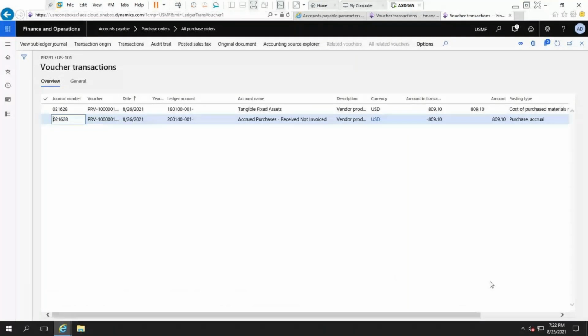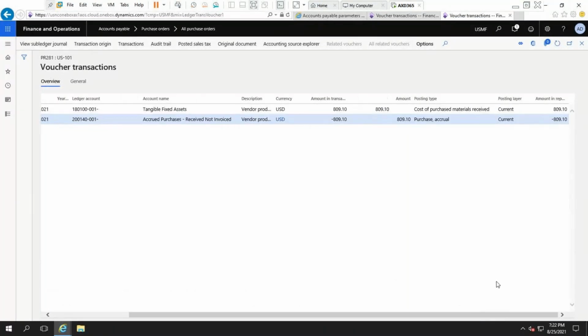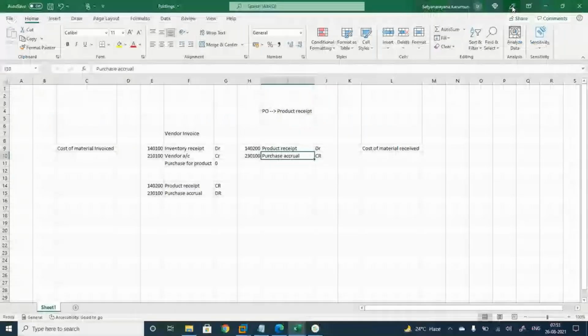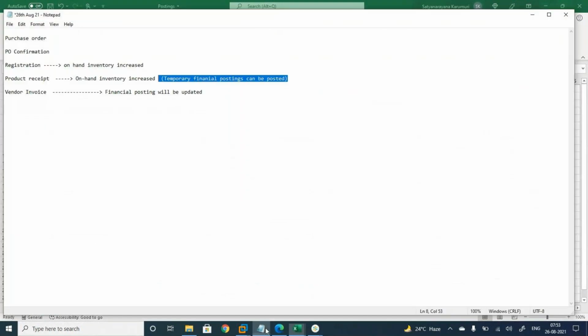look at this one. It is posting to cost of purchased material received. Cost of material received, this is received, purchased material received and purchase accrual account. So it will include only discounts.